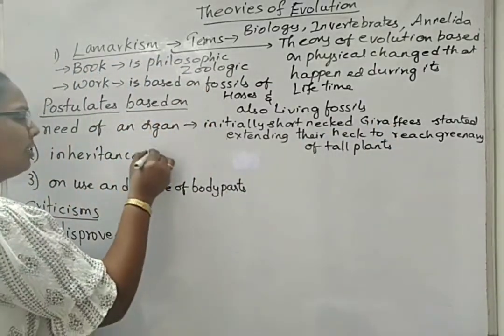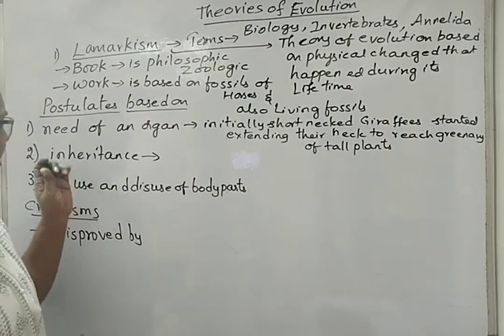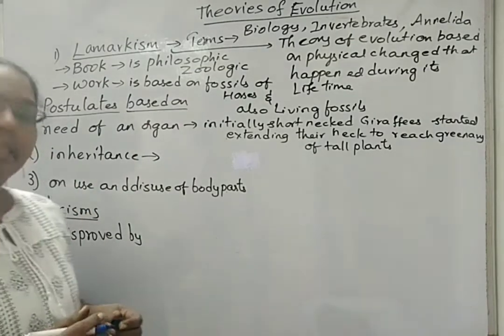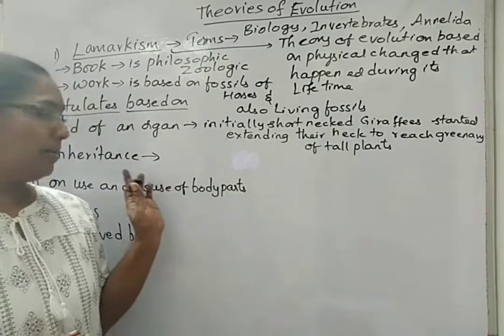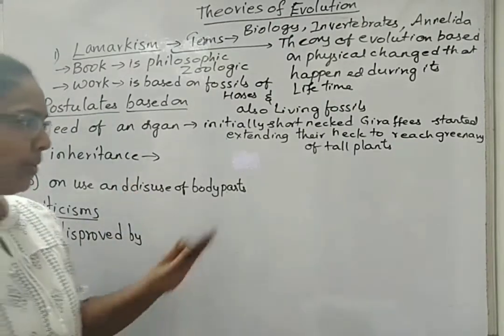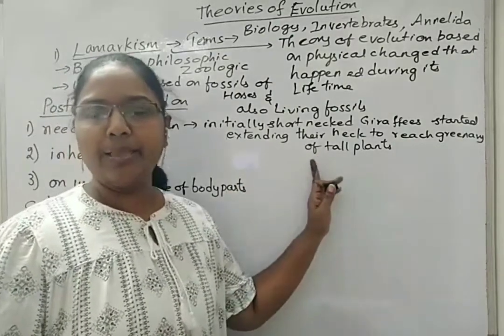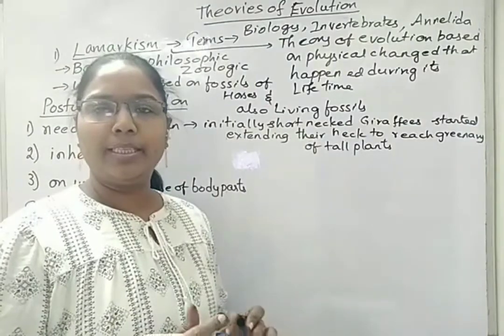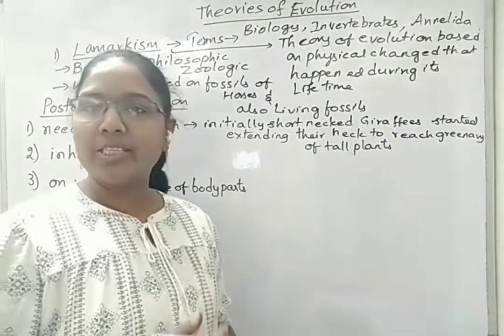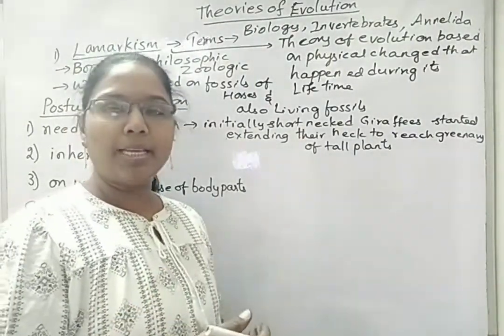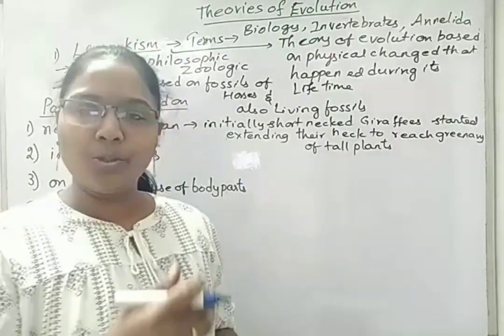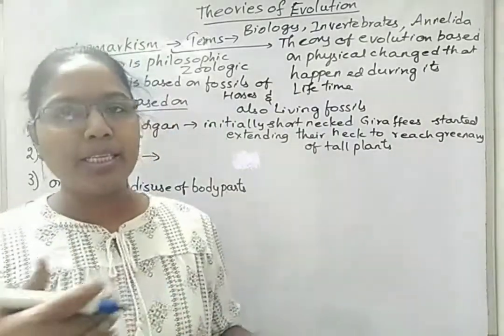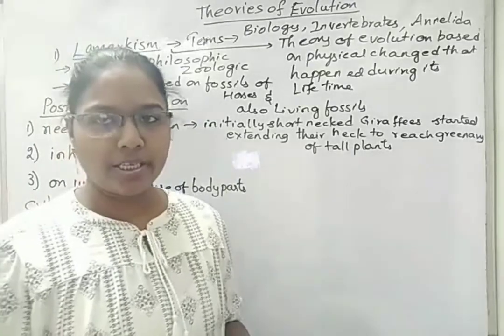Next, his postulates also deal with inheritance. When the giraffe started stretching its neck for food material, the same character which it attained during its lifetime was inherited by the next generation.